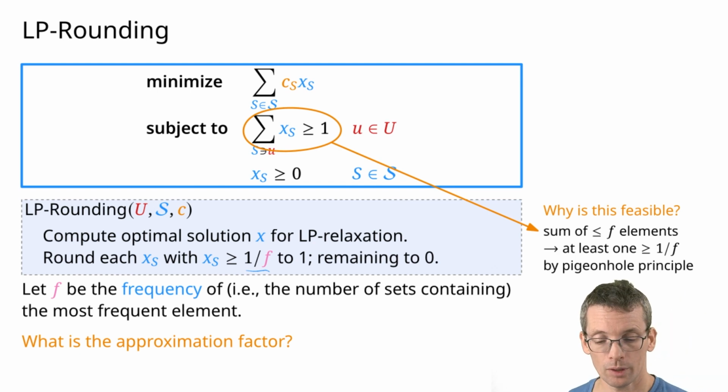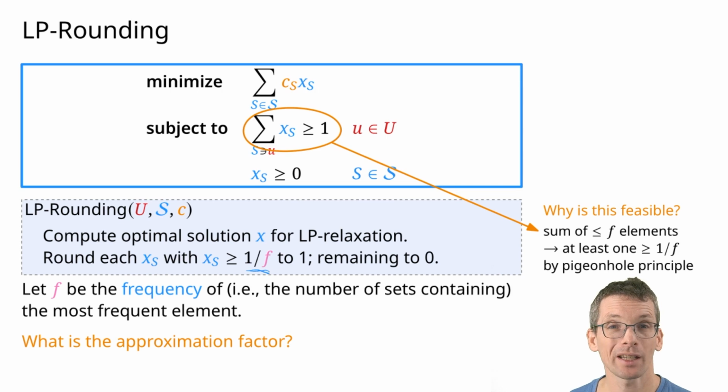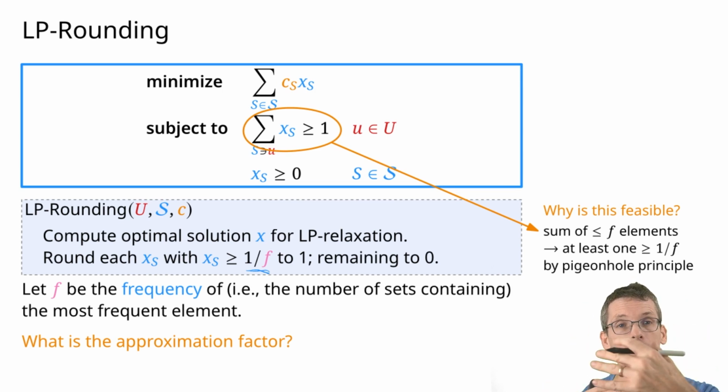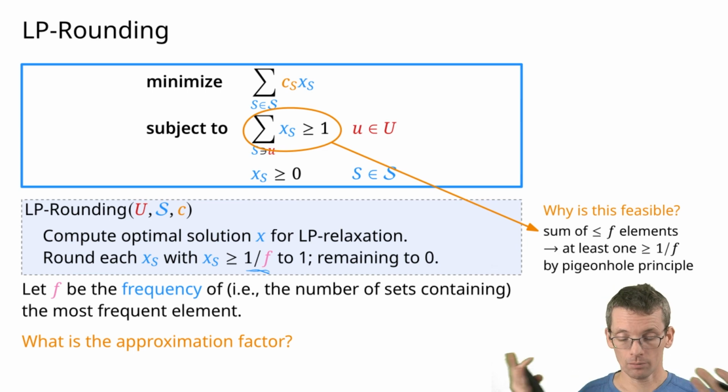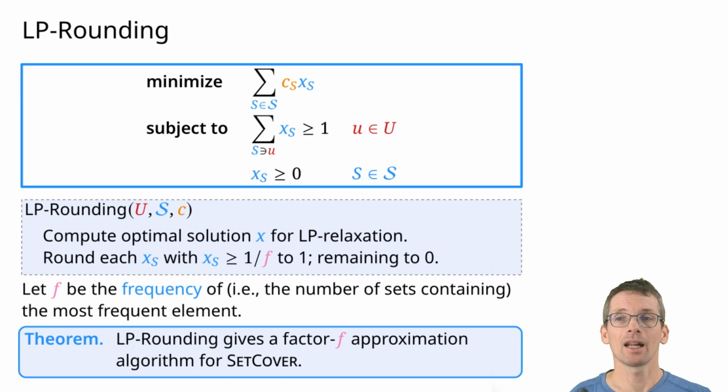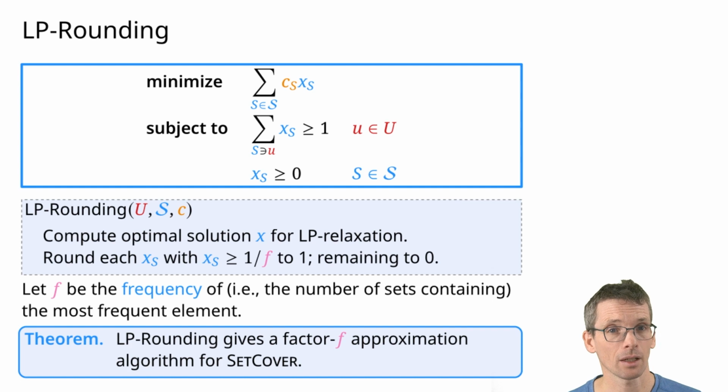Because the smallest that I can get here is 1 divided by f, and I will need a factor of f to make it 1, but that's also the largest factor that I'm using. And then because of linearity, this means that I get a factor f approximation. So this is our first result here: LP rounding gives me a factor f approximation for the set cover problem.